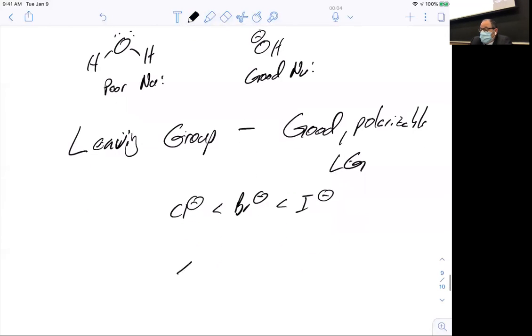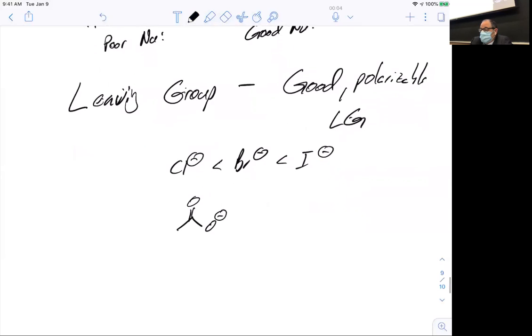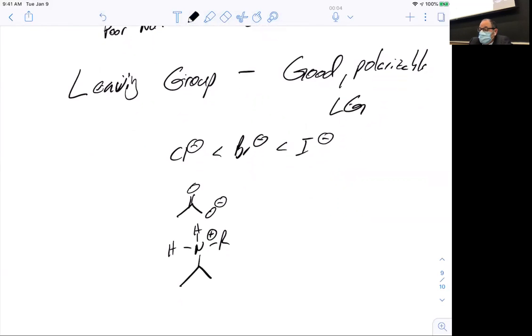We also have things like, you know, this was a good nucleophile, but it also is a good leaving group, right? Because I have resonance. Other things that make good leaving groups are things that are positive. So that's a good leaving group, right?